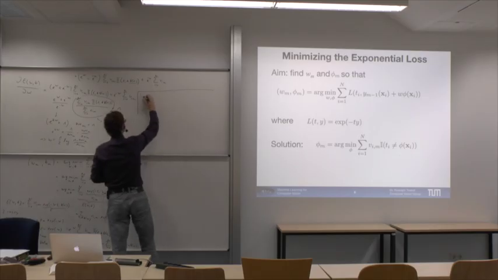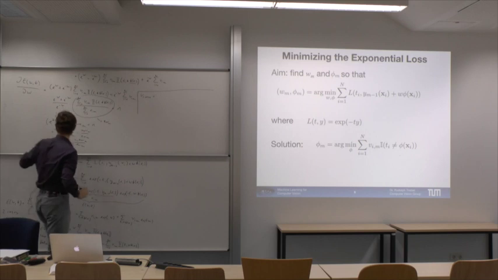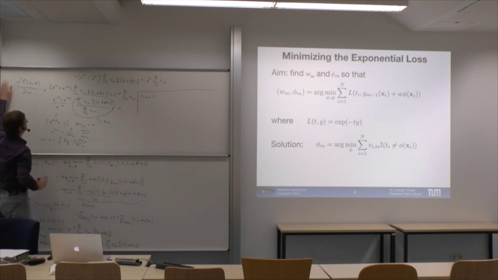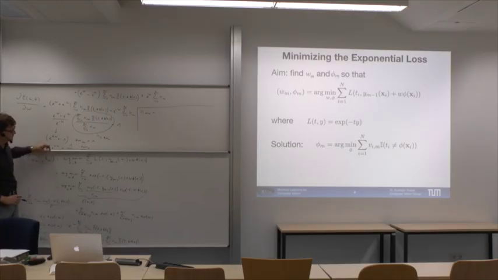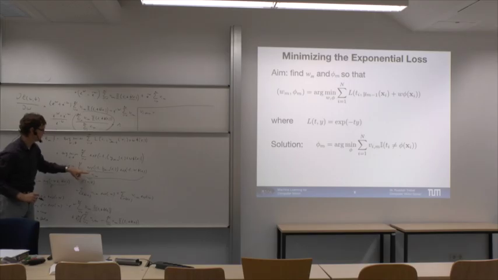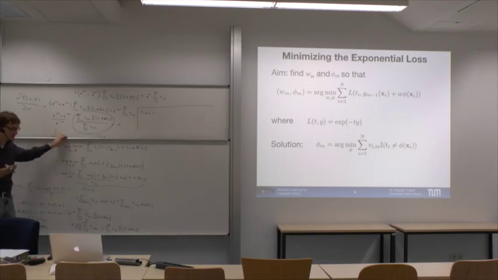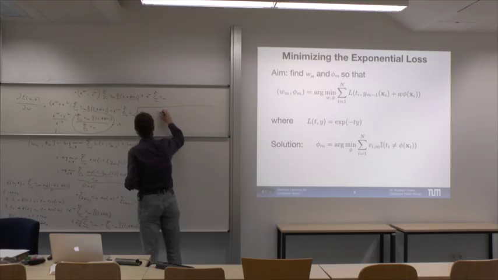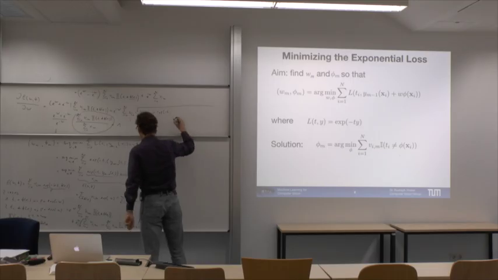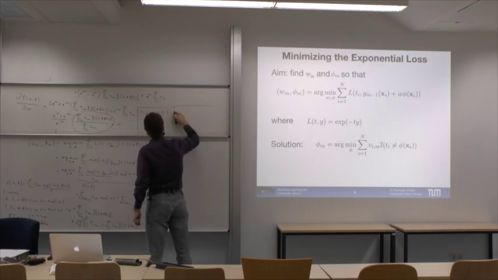What is v_i^(m+1)? And to do that, we first start with the definition. This was the definition of v_i^m, right? We said v_i^m is this term here. So what is v for the next round then? Well, we just put in m plus 1 in here. We see this is the exponential of minus t_i times y_m of x_i.